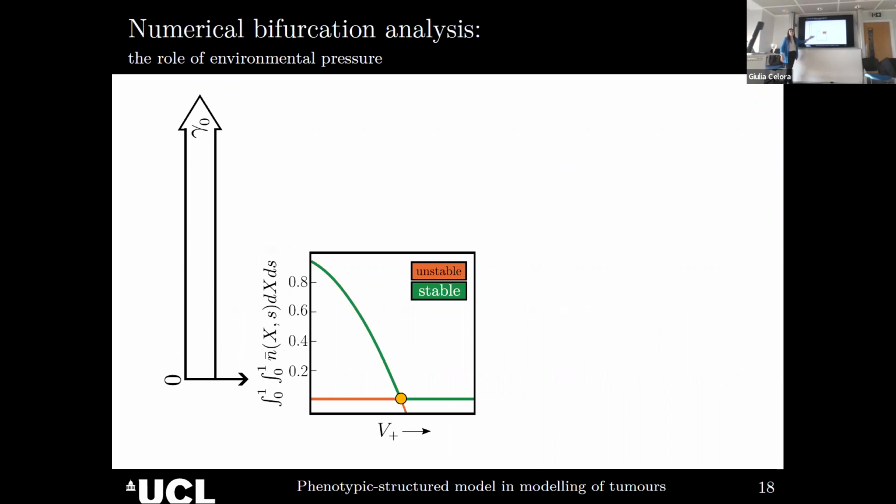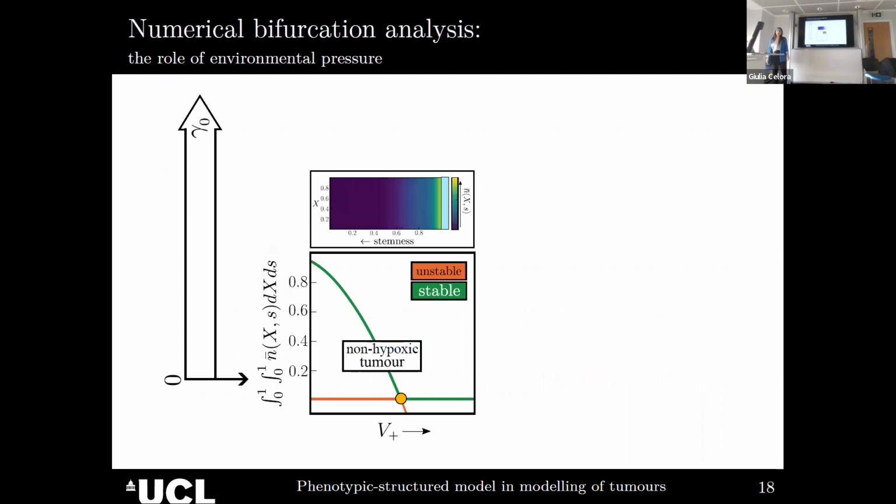No surprise, we found the same bifurcation diagram as before, where we have a unique branch, which is a non-hypoxic tumor. So there is no dependence in space, as you can see that if you take a section fixing x, it is the same, and there is just some phenotypic variation. And this transcritical bifurcation doesn't move.